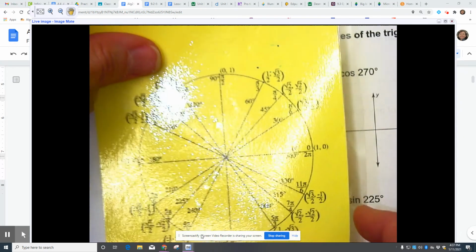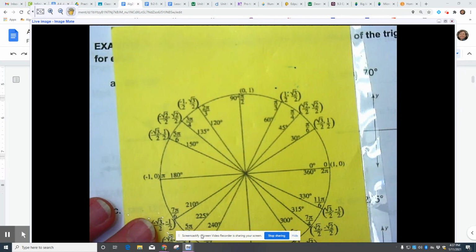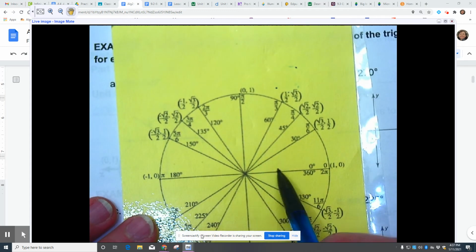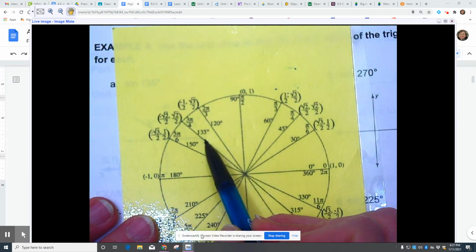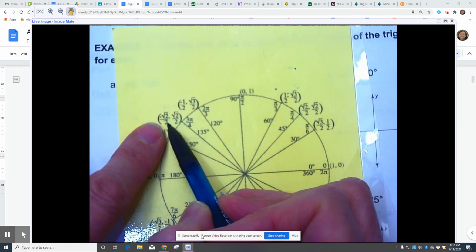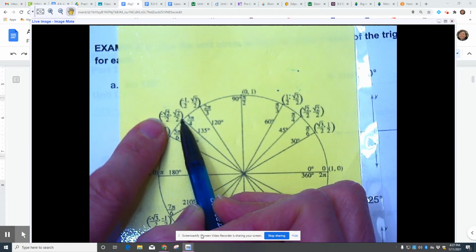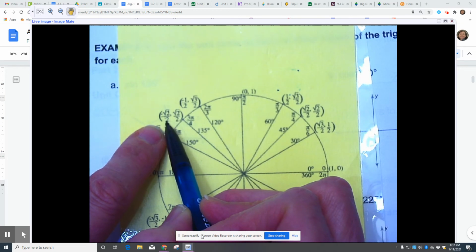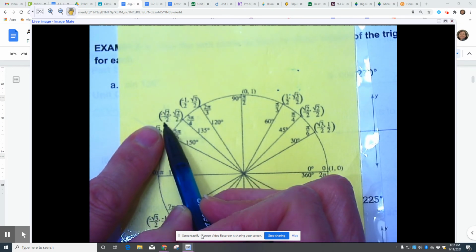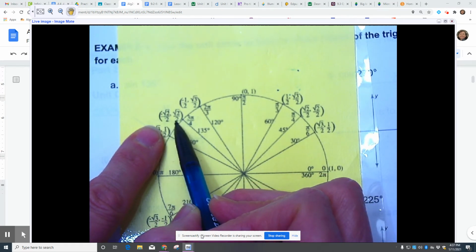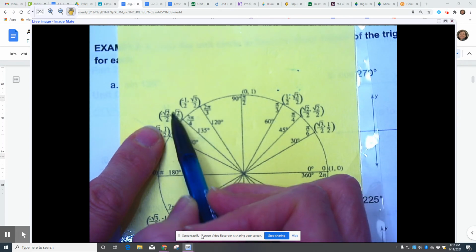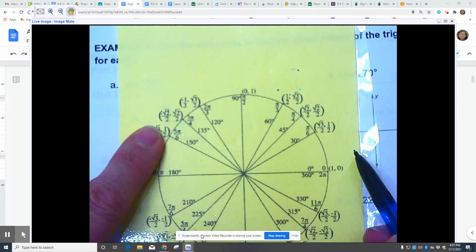Now, I want you to look at your unit circle. Here is 135 degrees, so I've drawn it pretty good. Here are the coordinate points that go with 135 degrees. So I know the cosine of 135 is negative square root of 2 over 2, and the sine of 135 is positive square root of 2 over 2.